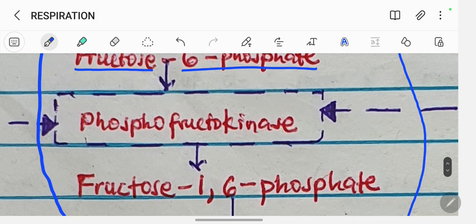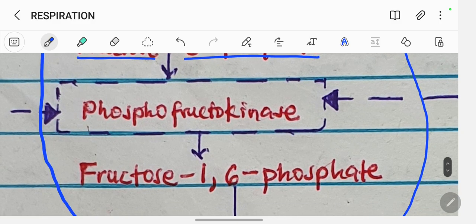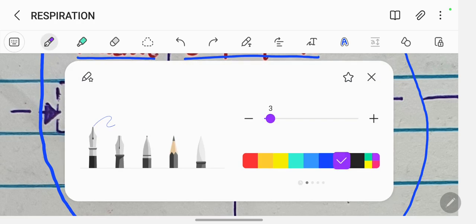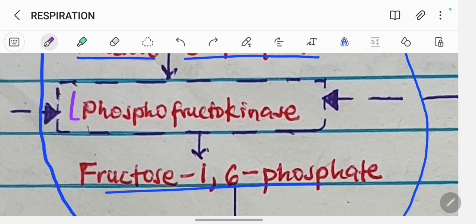Then fructose 6-phosphate turns to fructose 1,6-bisphosphate. The enzyme that is going to catalyze it is phosphofructokinase. I hope you remember this enzyme.